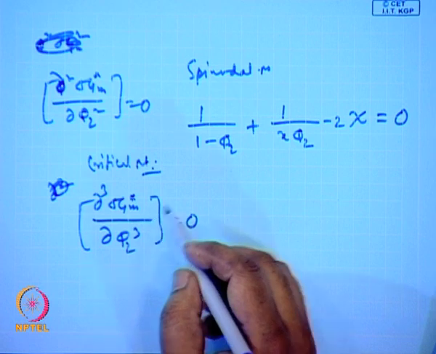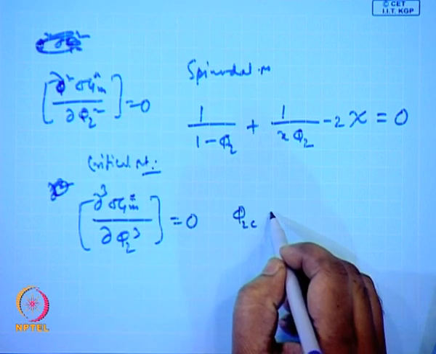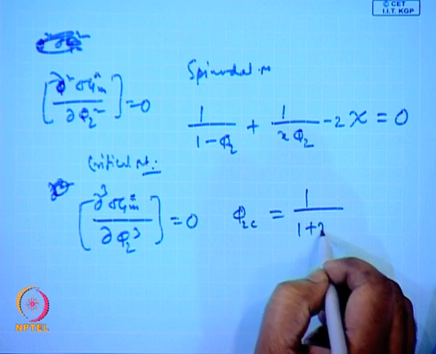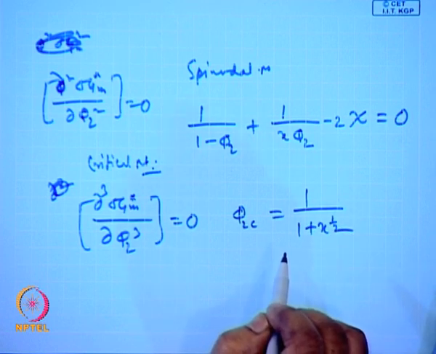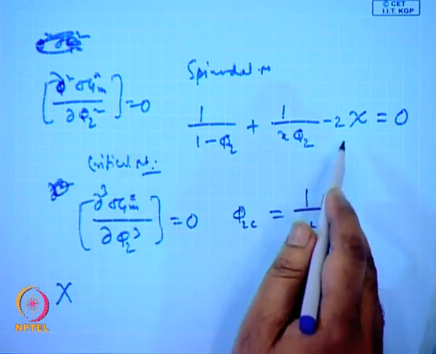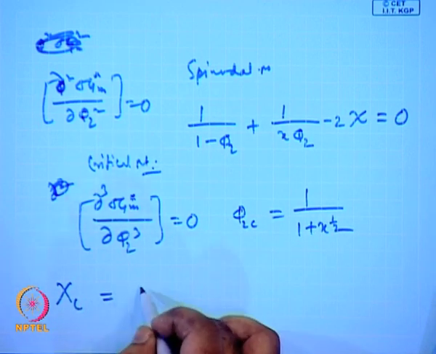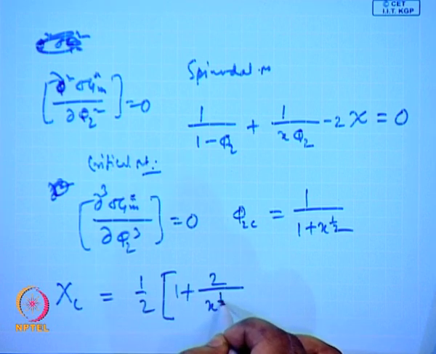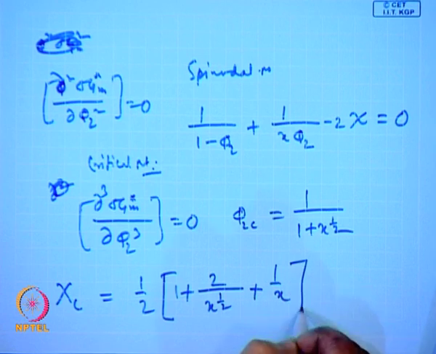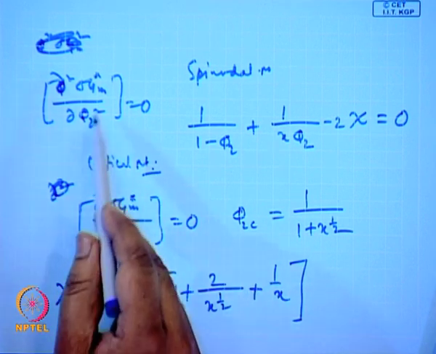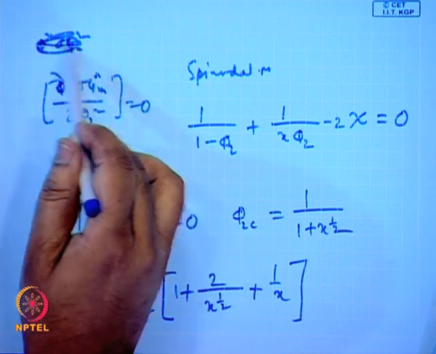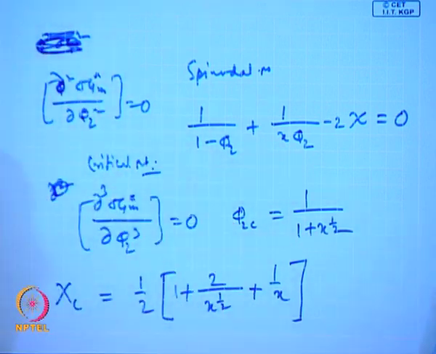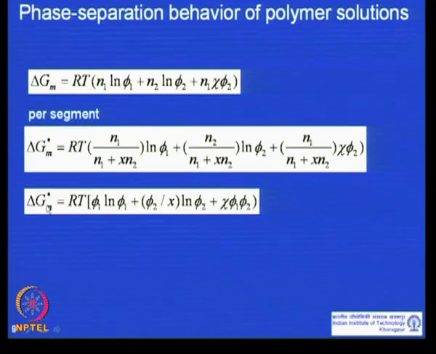If you do this you will get phi 2 c for the critical, 1 plus x to the half. Okay, and from these two you can write the critical. So, this is just pure mathematics from getting this expression from the Flory-Huggins expression which we got earlier for the free energy of mixing per segment. So, you can get this expression.